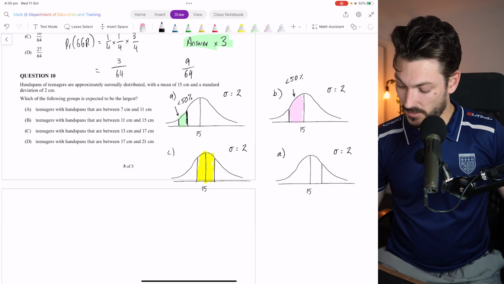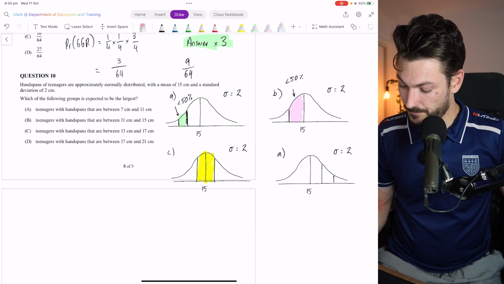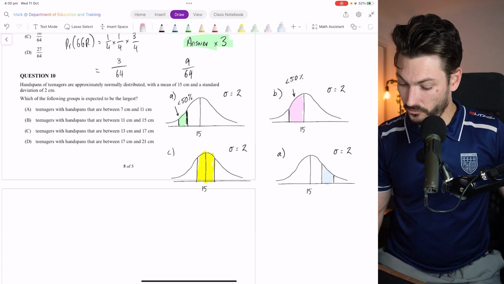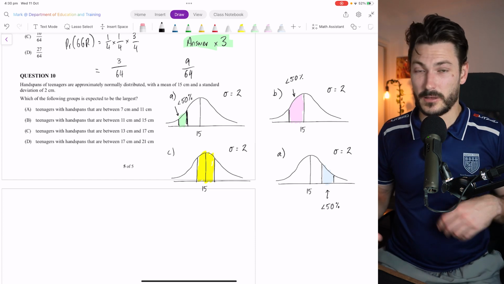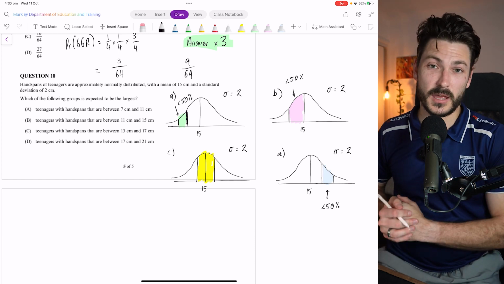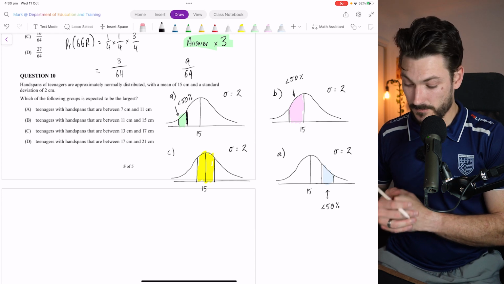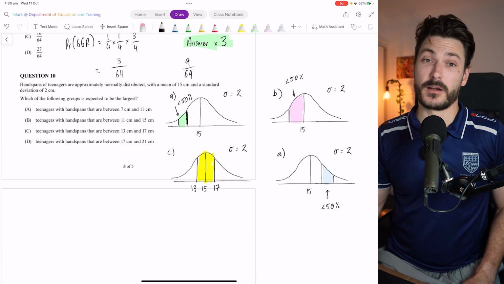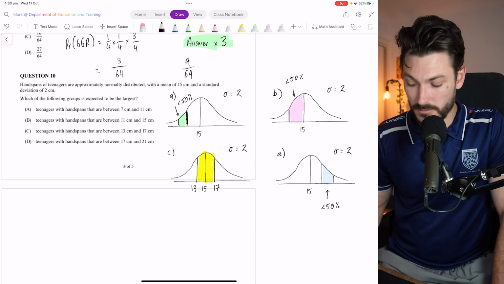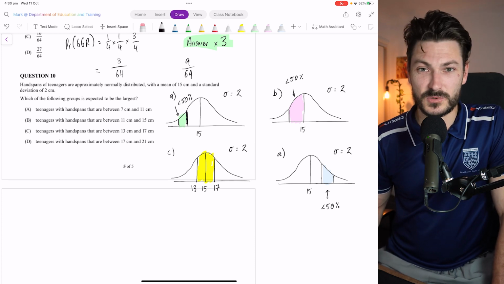That's similar to the other two, except they're above the mean this time. But that's also going to be less than 50%. So the real question is, first of all, can I figure out what the area between, what was it for C? It was 13 and 17. Can I figure out what that area is in a tech-free environment? If not, how do I distinguish between the other three?